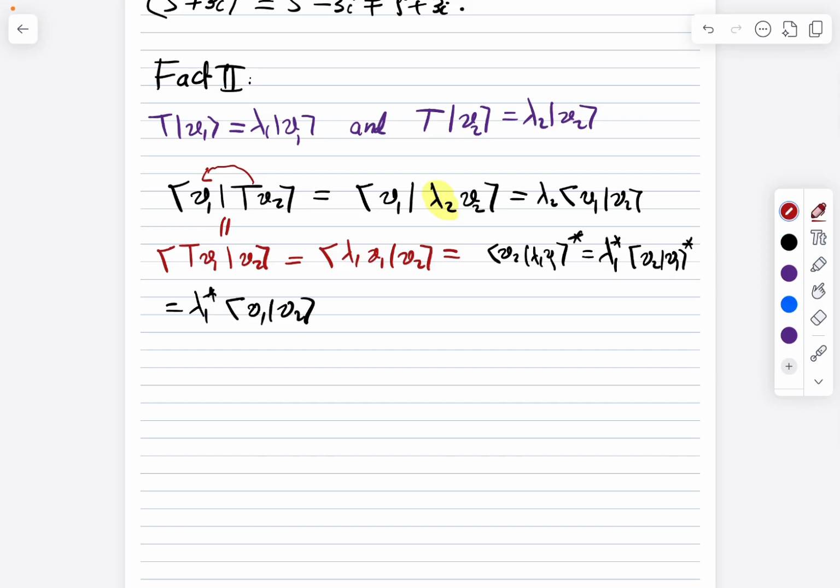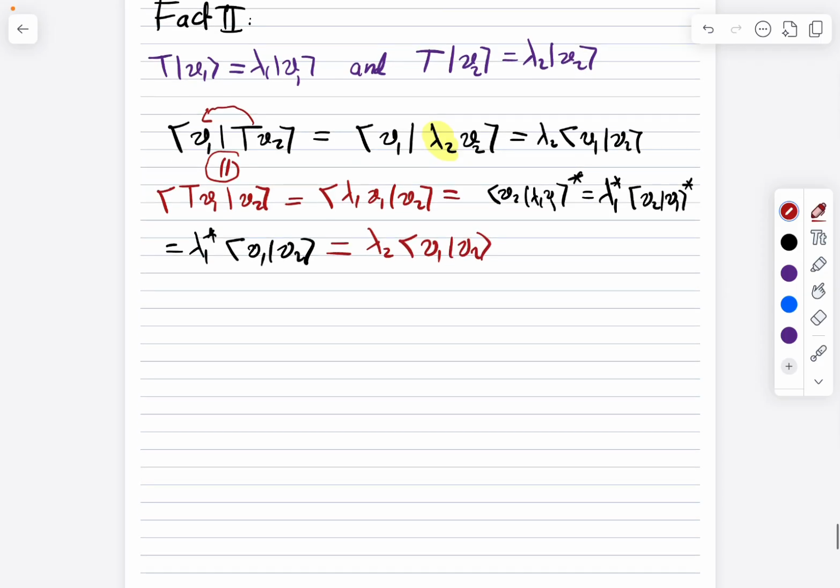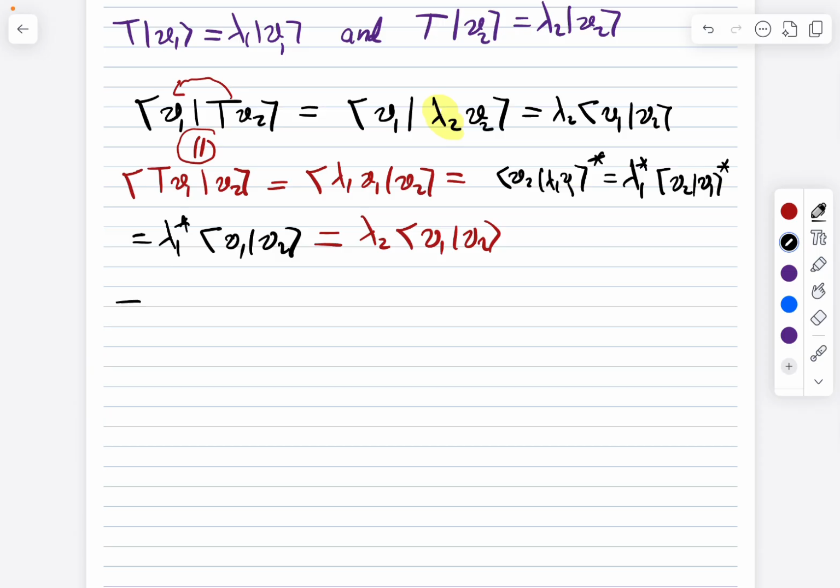But as we said, these expressions are equal. We have here the equal sign. So this is equal to lambda 2 times the inner product of V1 and V2. Now take it to the other side. So we'll get lambda 1 star minus lambda 2, times the inner product of V1 and V2, is equal to 0.